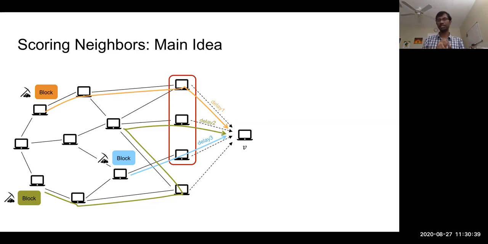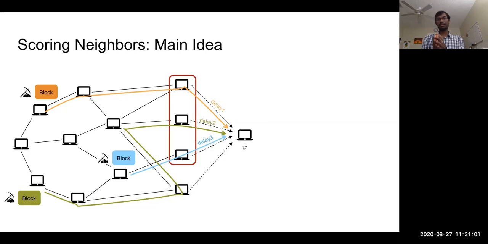And these are usually very well thought out and carefully handcrafted scoring functions. Whereas in our case, we don't handcraft the scoring function. Instead, we design a scoring function that is directly matched to the objective that we are trying to optimize.